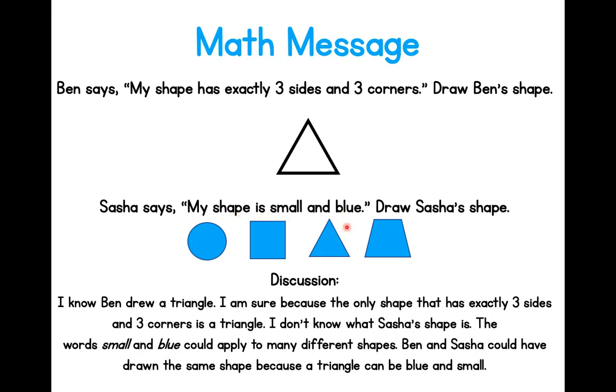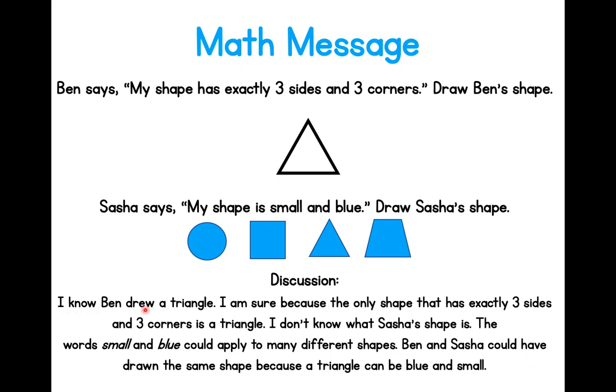So maybe you drew one of these shapes on your paper, or maybe you were thinking she drew a small blue circle. Maybe she drew a small blue square. Maybe she drew a small blue triangle or a trapezoid. So let's discuss this for a little bit.